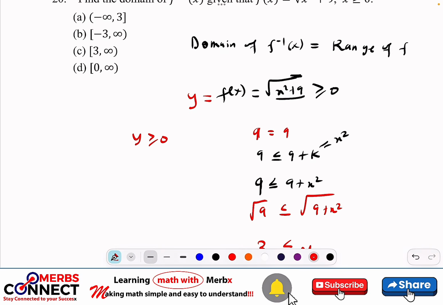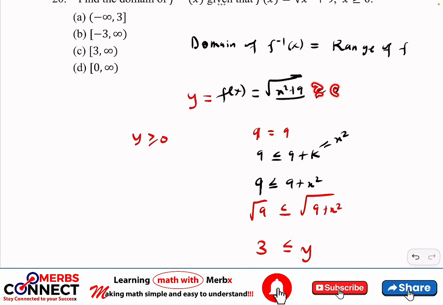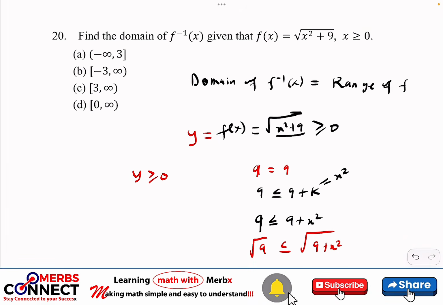Now let's look at what is happening here. We said this is already greater than or equal to 0, but we see that x is greater than 0 and this is squared. There is no way we are going to have an upper bound under this, right? Because any value that you are going to put here will increase the function.